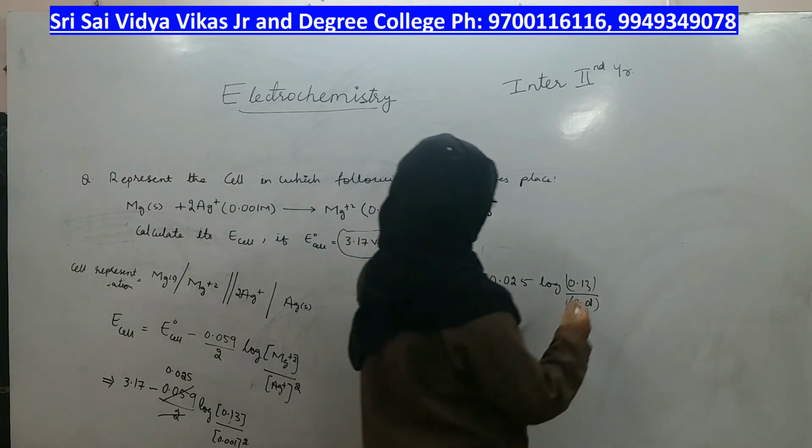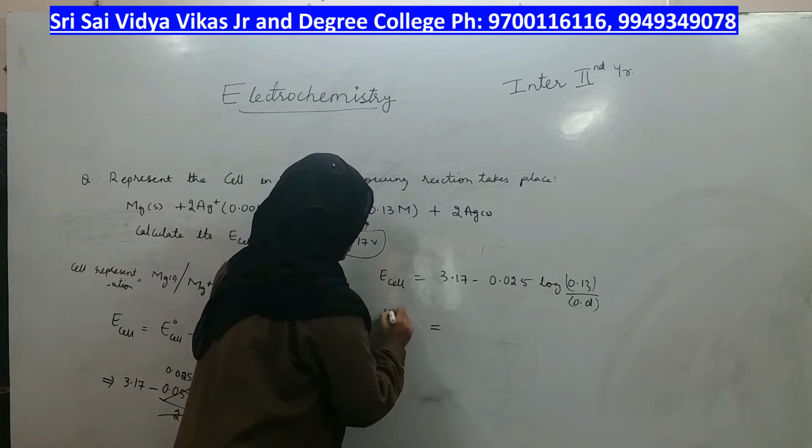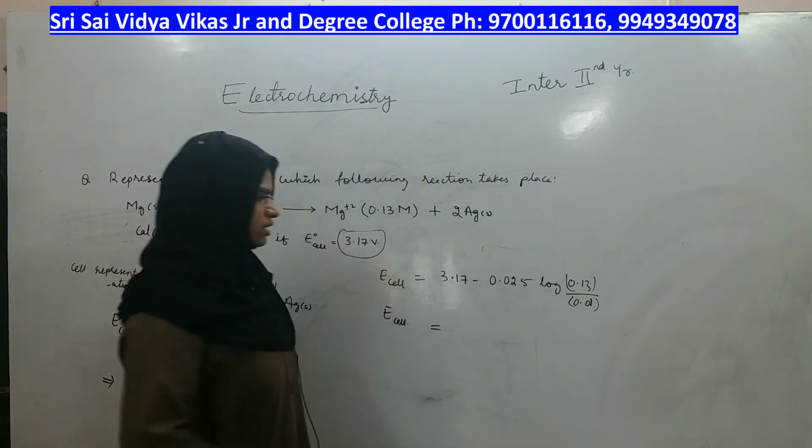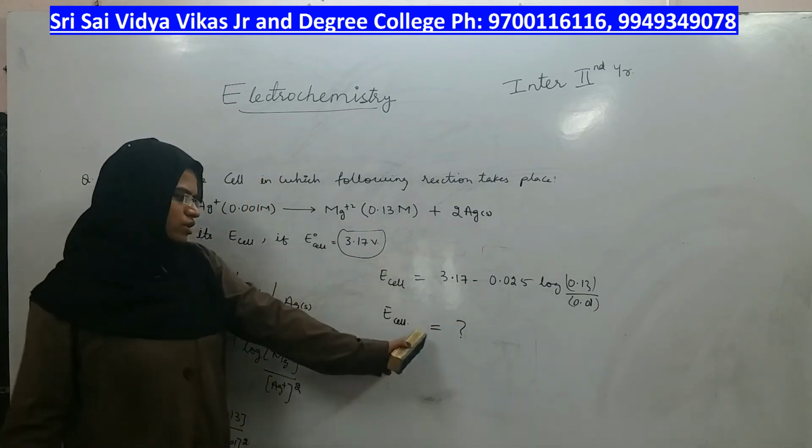Now by calculating this, you will get the value for E cell, right? You do the substitution by using the logarithm value, you will get E cell.